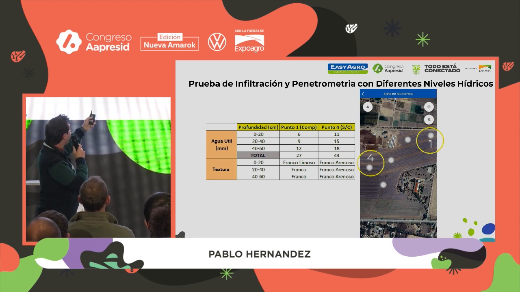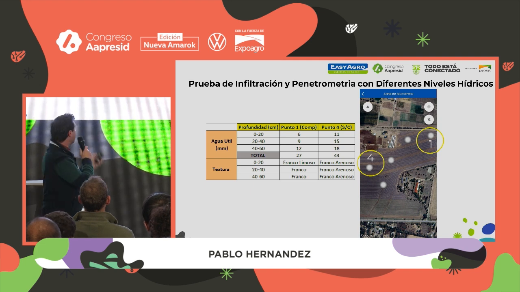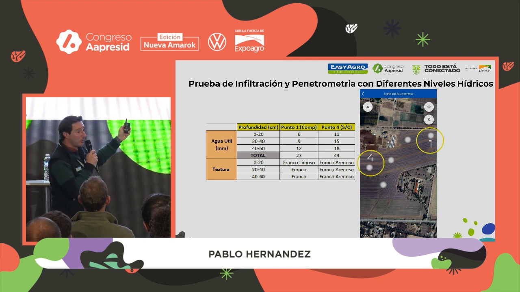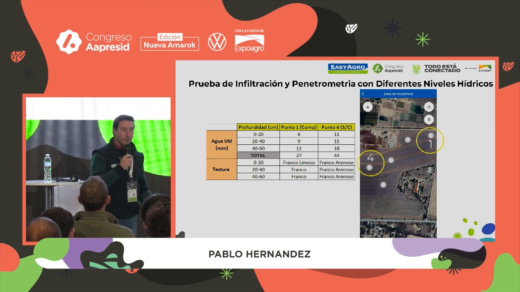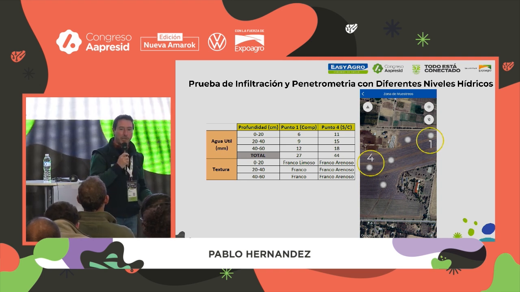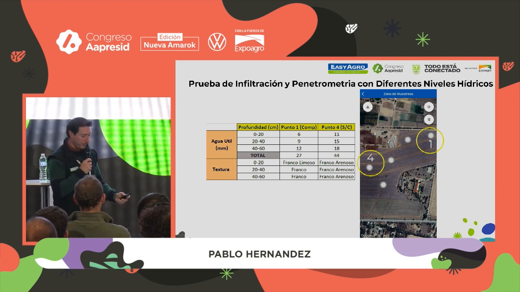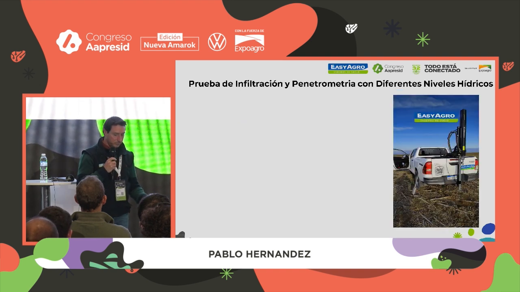In point 1, which was compacted, texture was loamy sandy for the first 20 centimeters, and at higher depths it was sandy, but the texture at a depth between 40 and 60 centimeters, in point 4, it was sandy loam.